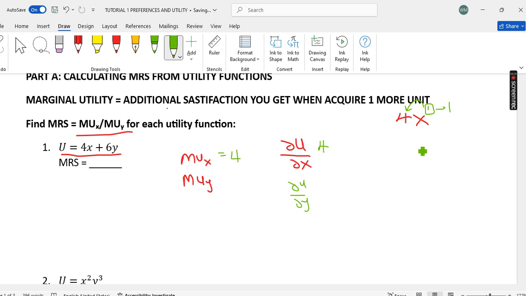We remain with 6y. We need to derive 6y. So it's like 6y to the power 1. Remember, deriving exponent multiplied by coefficient number in front of the letter, 1 times 6, that is 6. Subtract a 1 from the exponent, 1 minus 1, 0. Okay, now we don't need to show y to the power 0.